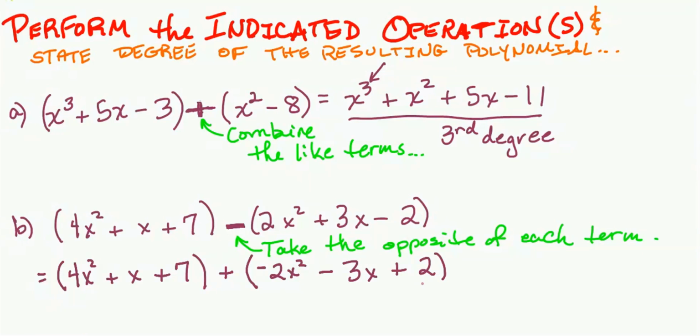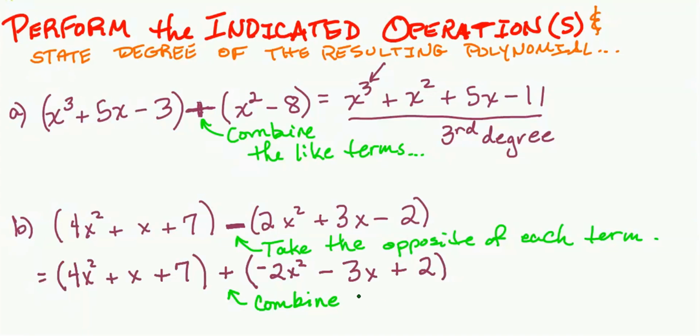I've taken the opposite of each term in the parentheses, and it has become an addition problem. So now our task is to combine the like terms. All the terms have to take the opposite sign.